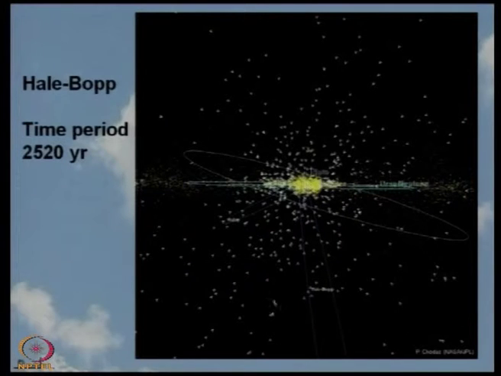You can see it extends well beyond the planets, and the entire orbit does not even fit into this picture. It comes in here, and then it cuts through like this. This is believed to have a time period of 2520 years, a few thousands of years.